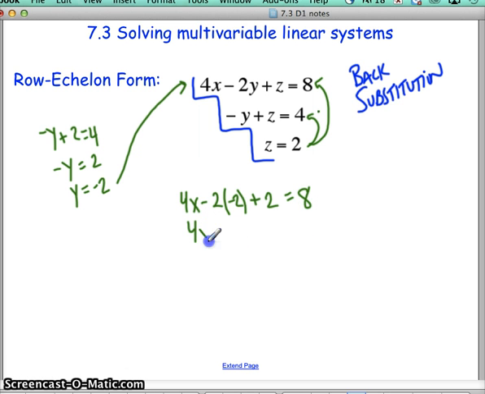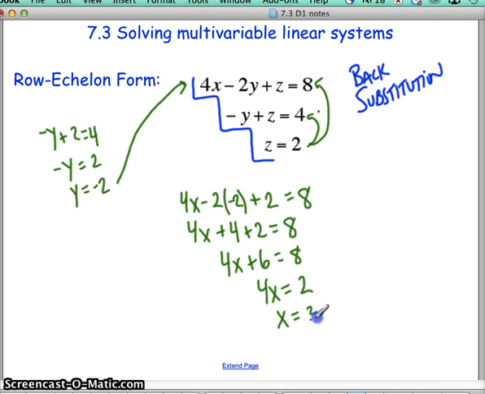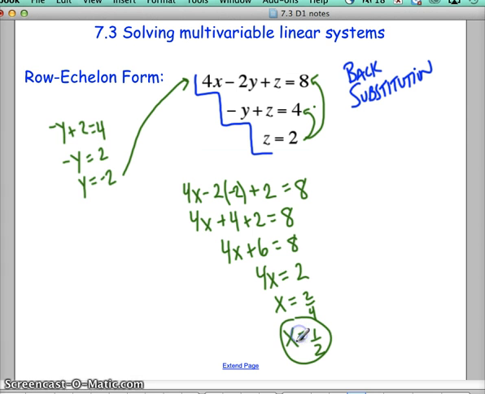And now we're going to solve for x. So this would be a plus 4 plus 2. We get 4x plus 6 equals 8. We would subtract the 6 and then divide by 4 and reduce that down to 1/2. So x is 1/2, y is negative 2, and z is 2.